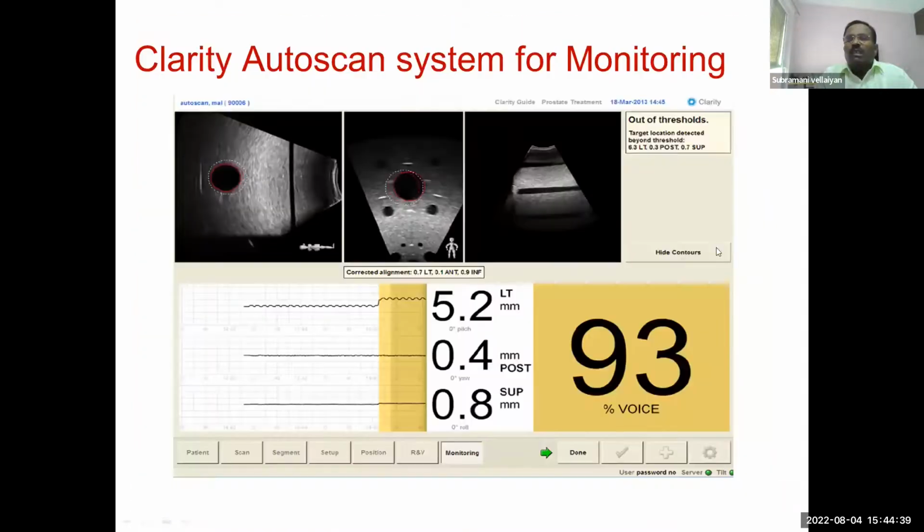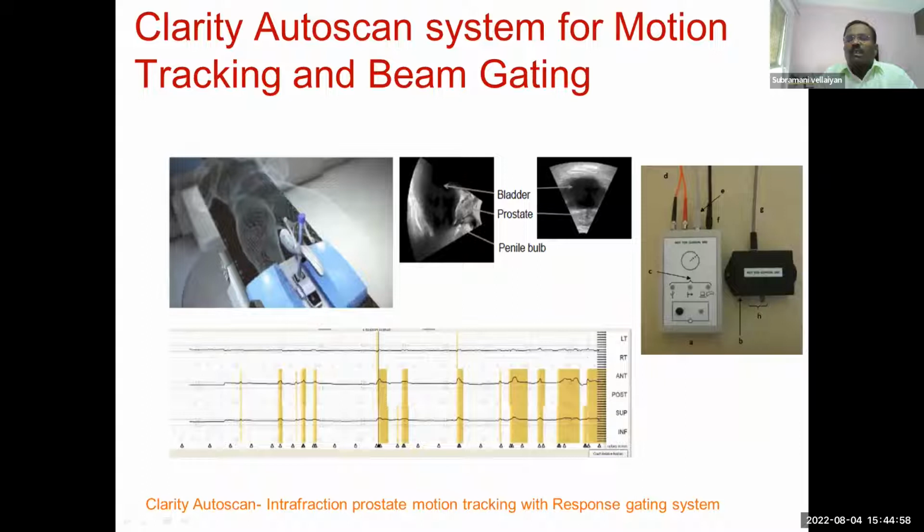This is the gated beam. And this is one of the components, called the response gating system, responsible to gate the beam. When it is out of the tolerance, the beam can be paused, and within the tolerance, the beam can be opened. So this is how the beam off and beam on conditions are triggered using the gating control.